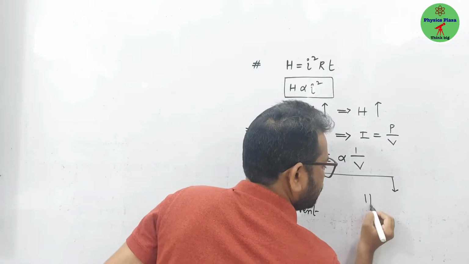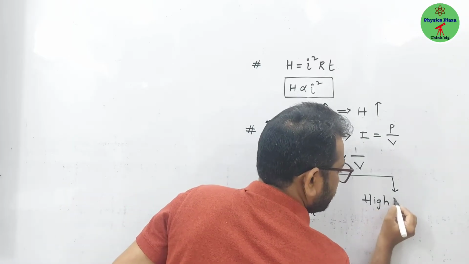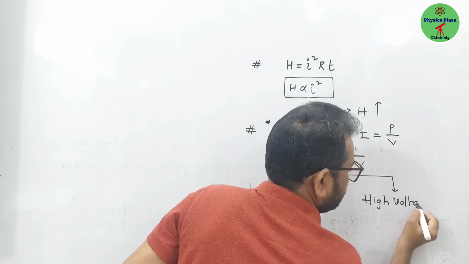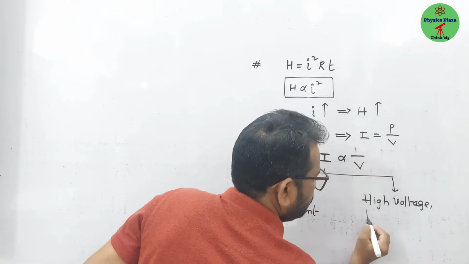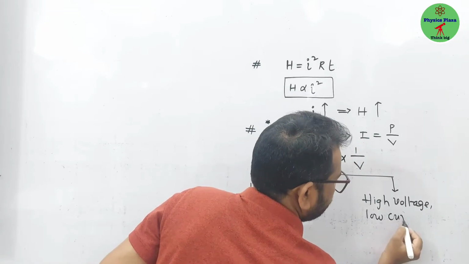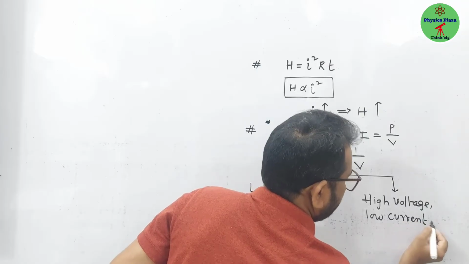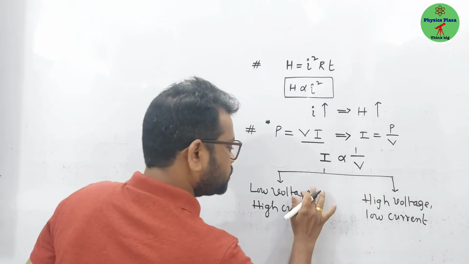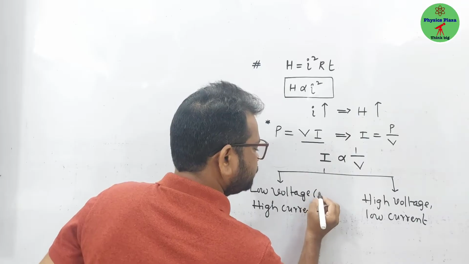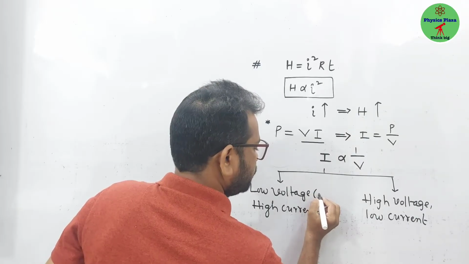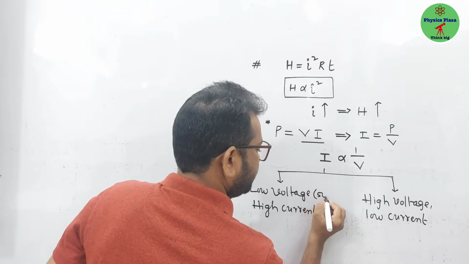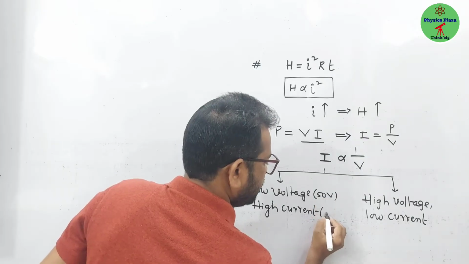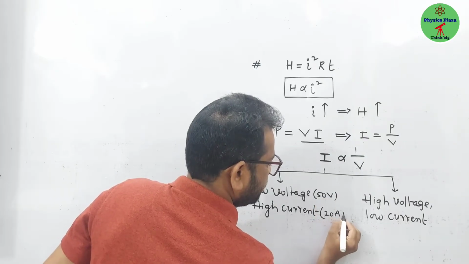The second one is high voltage, low current. For example, suppose the voltage is 50 V and the current is 20 ampere.